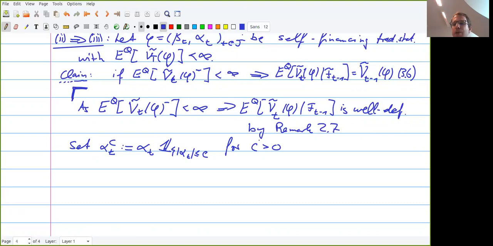So we take our given trading strategy and constrain it on the event to be less than C in order to achieve a bounded trading strategy.